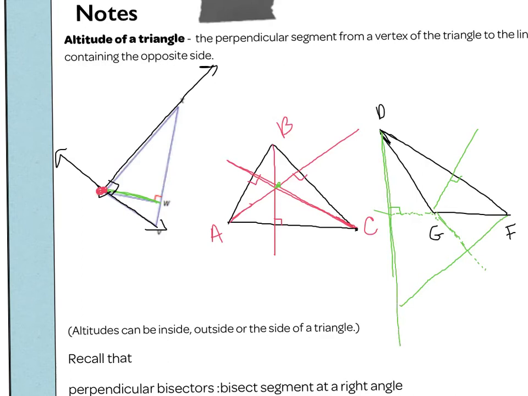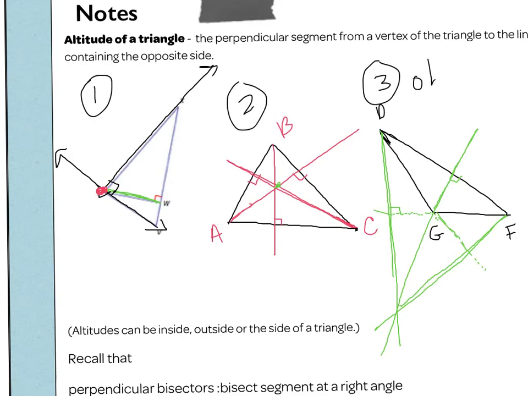One here, and then this one, if we extend it out more, you will see it intersects. And unlike example 1, example 2, and example 3, the obtuse triangle's altitudes intersect on the outside of the triangle. Whereas the altitudes of an acute triangle intersect inside, and for a right triangle, the intersection is inside as well.